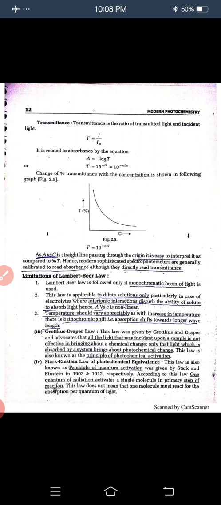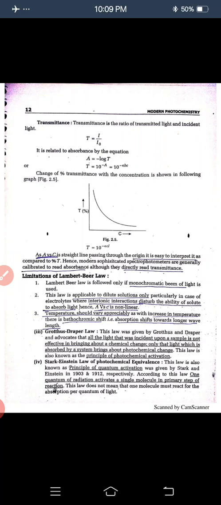Grotthus-Draper law. Next, the photochemical laws, known as Grotthus-Draper's law. This law was given by Grotthus and Draper, so we can say this law is known by the names of the discoverers. Grotthus and Draper advocated that not all the light incident upon a sample is effective in bringing about a chemical change.